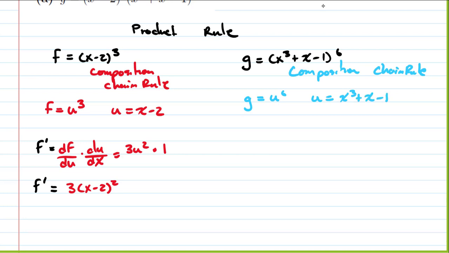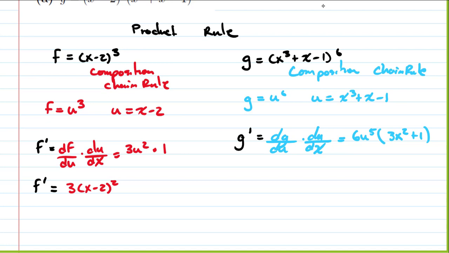So my g prime is going to be dg du times du dx, which is going to give me 6u to the 5th times the derivative of x cubed plus x minus 1, which is 3x squared plus 1.